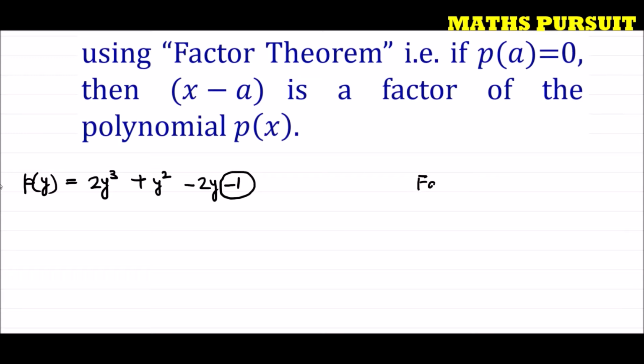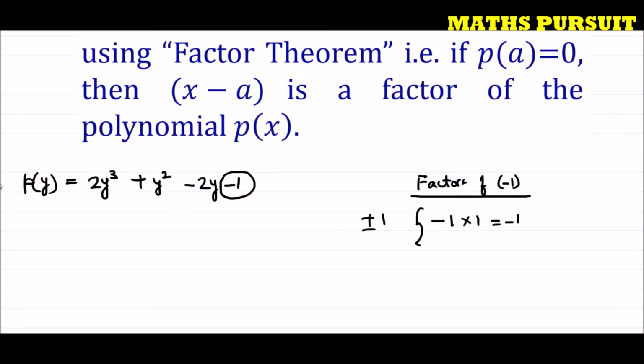So we are going to find out the factors of -1. The factors of -1 are 1 and -1, that is 1 into -1. That means the factors that we have here are plus or minus 1.